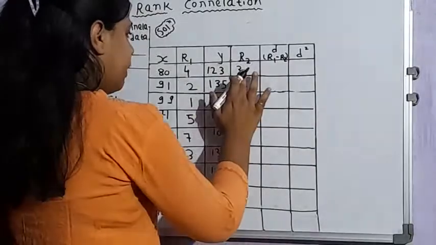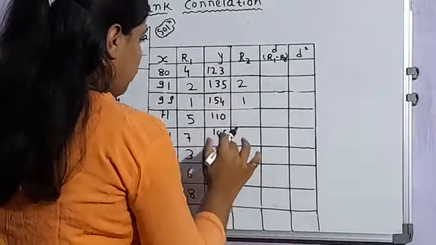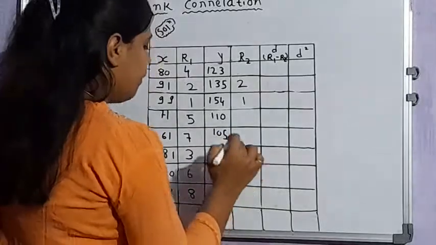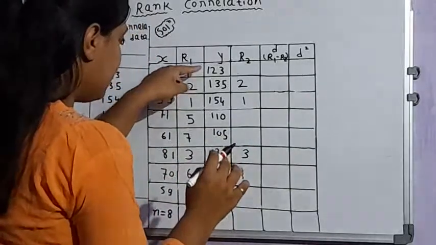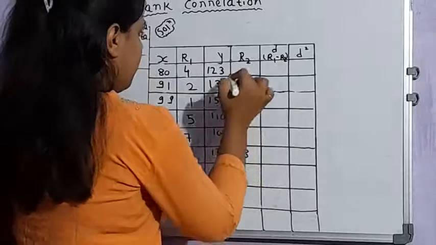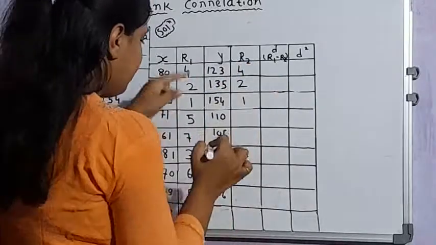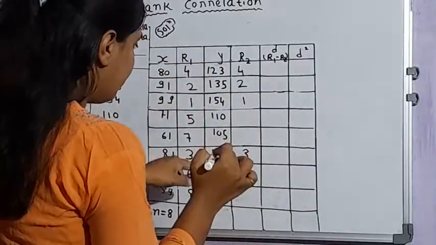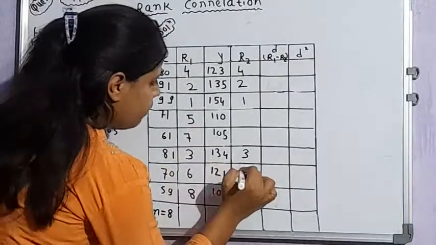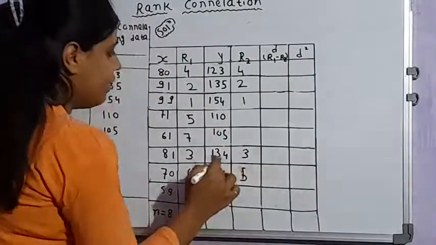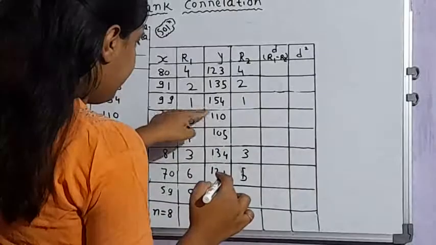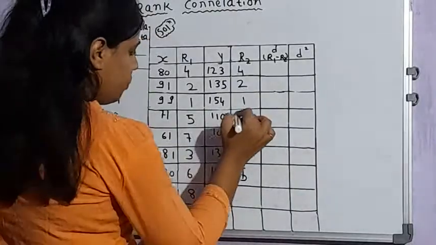After 135 we have 134, so it would be 3. After 134 we have 123, so it would be 4. After 123 we have 121, so it would be 5. After 121 we have 110, so it would be 6.